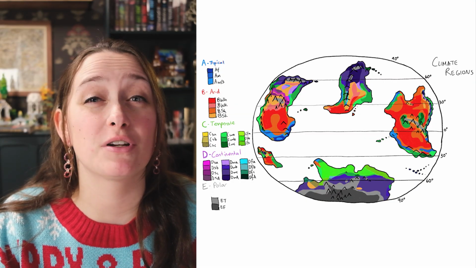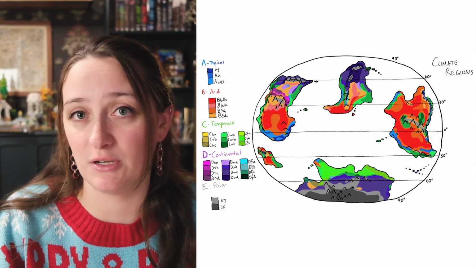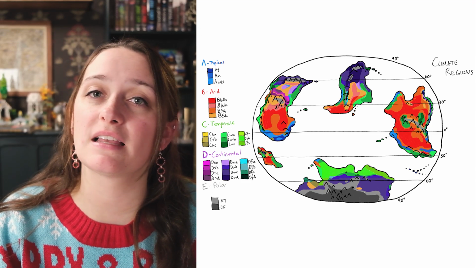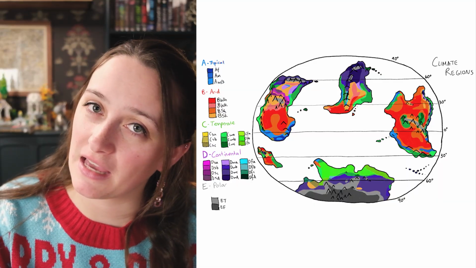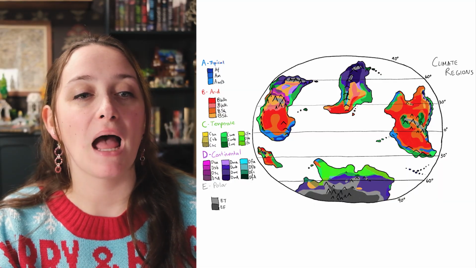If something's going to be particularly important for your world, you're just going to have to look into it and do a little more research, or go with a slightly more artistic application and more of a pattern, which is what I'm going to be doing here.